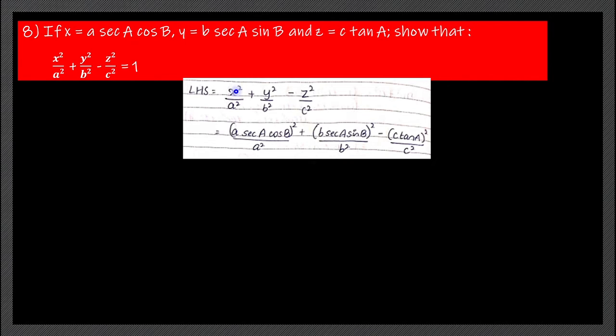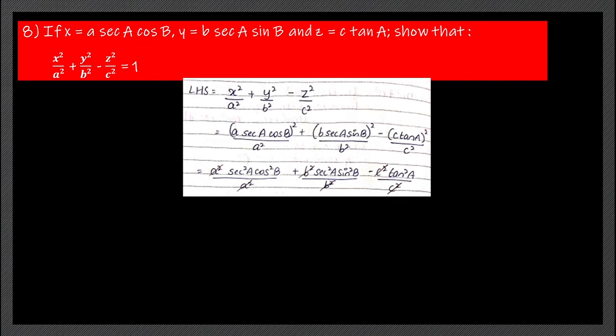So wherever x square is given, we will substitute that and square it. Y square substitute and z square substitute. Until this step, all will be able to arrive. Then later on, you will remove the brackets also. That is fine. You will cancel them. That is also fine.